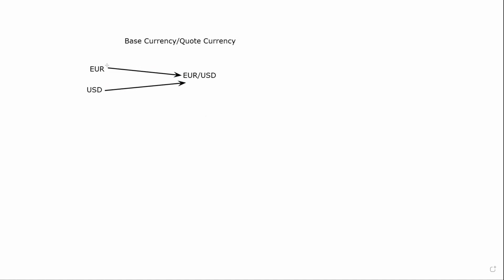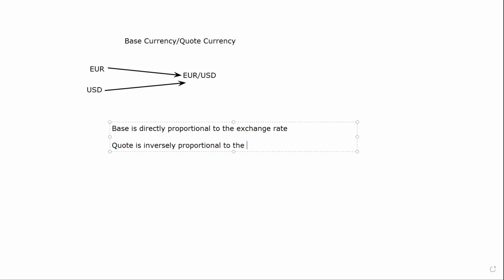Remember, as I told you, the base is directly proportional to the exchange rate, and the quote is inversely proportional to the exchange rate.